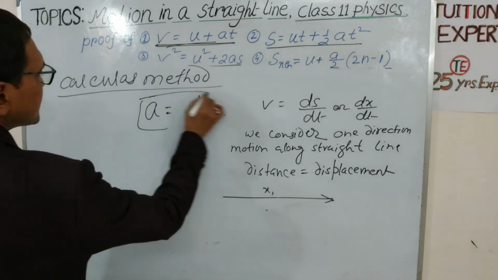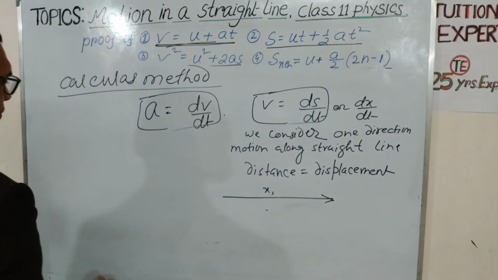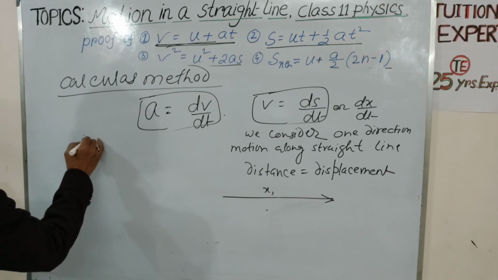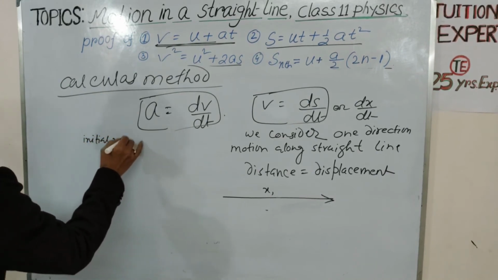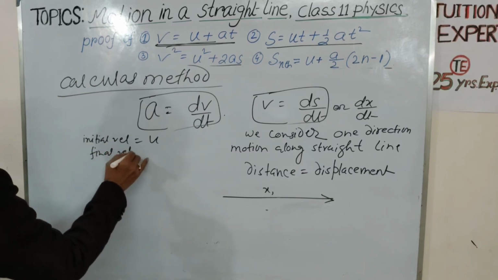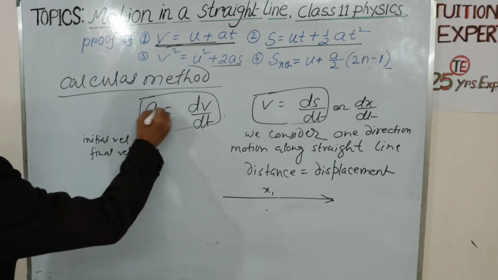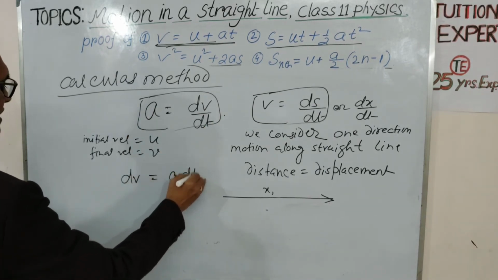Acceleration equals dv by dt and velocity equals ds by dt, we know. So here the initial velocity is u and the final velocity is v. So by the calculus method, dv equals a dt. A is constant.